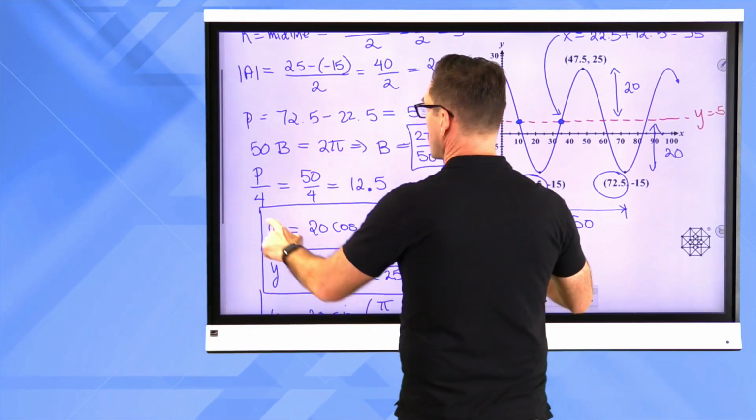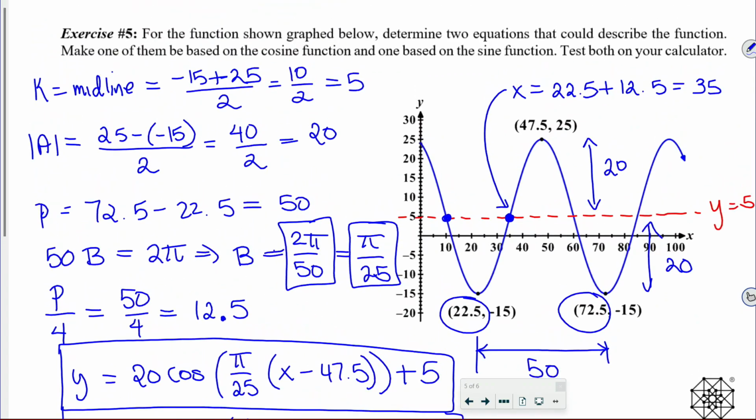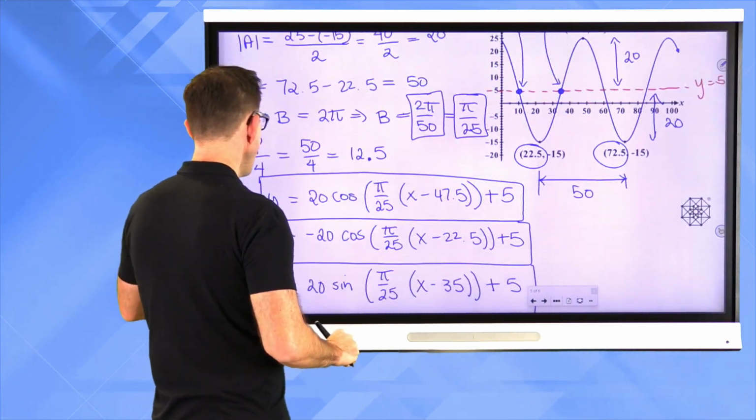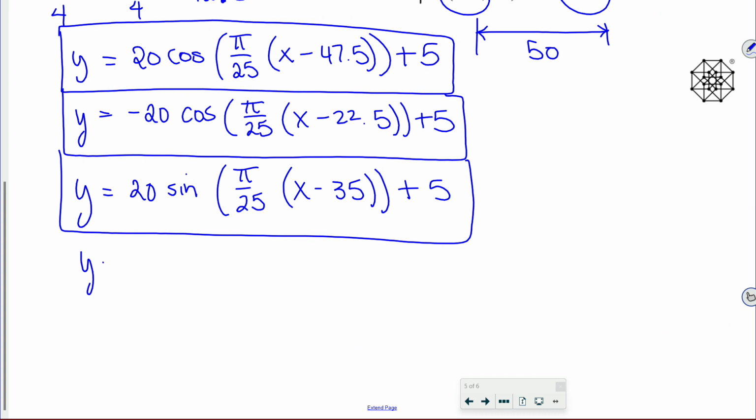So this x value would be 22.5 minus 12.5. That is in fact 10, so I've got a pretty accurate graph. And I would then have y equals negative 20 times the sine of pi over 25 times x minus 10, plus 5.